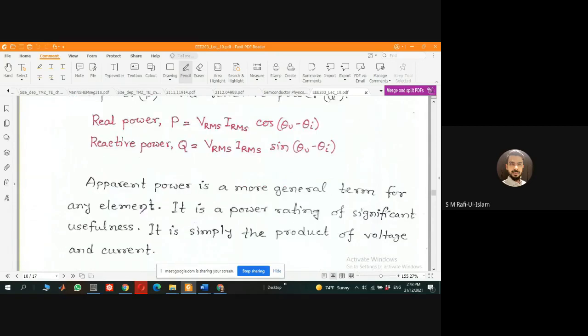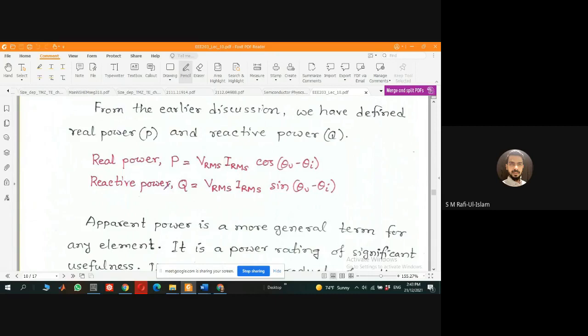So what is apparent power? If you look at these expressions and take the root of P square plus Q square, meaning real power squared plus reactive power squared, then cosine square theta plus sine square theta will be equal to 1.